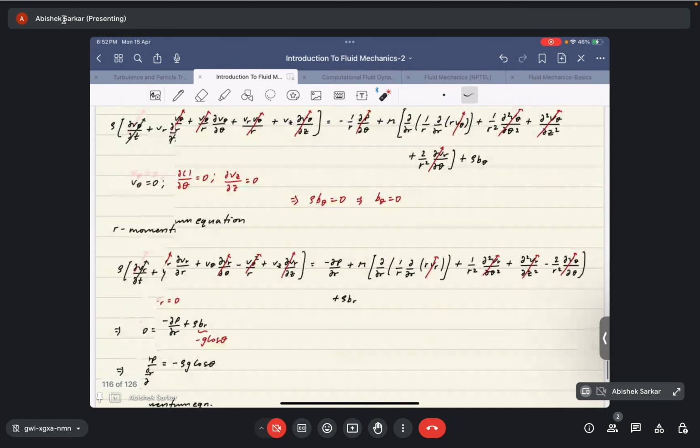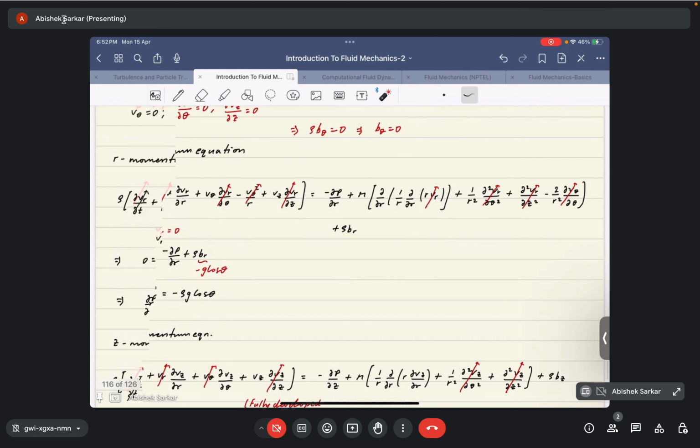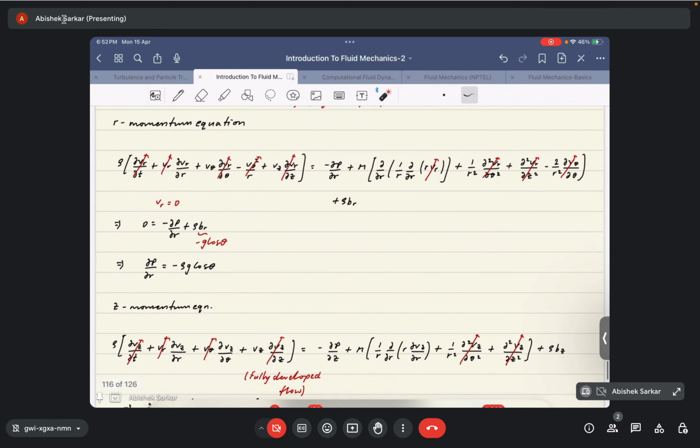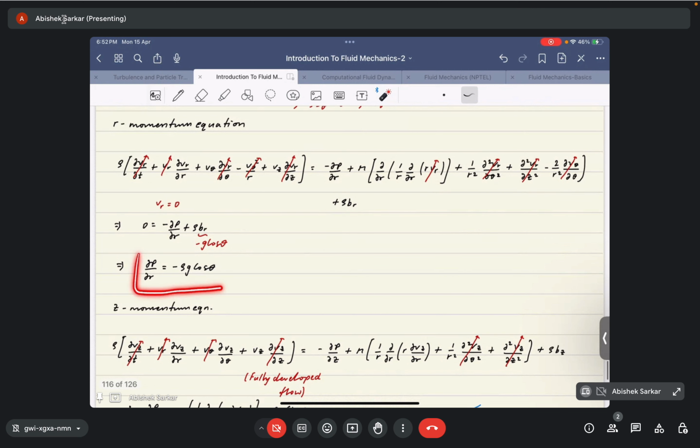Let me go back to our momentum equation. From that we have dou p by dou r equal to minus rho g cos theta. This is the conclusion that we get from the r momentum equation.